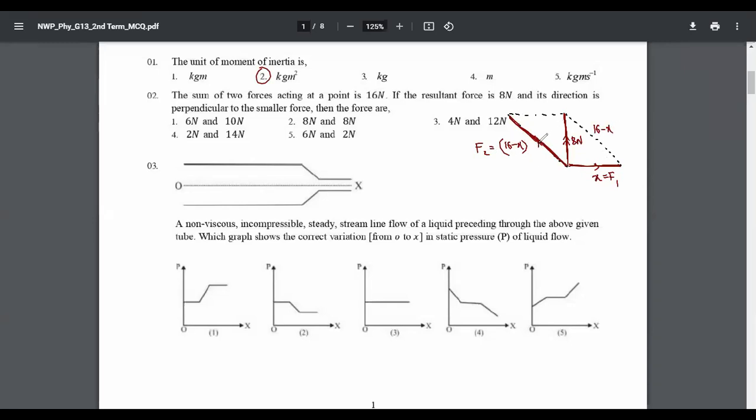Completing the parallelogram. This is it. Two forces acting, and their resultant. Right. Now, when you have 8 here, perpendicular here, then what is the answer? When you look at this, it should be first one. Now, why do I say first one? Because according to Pythagoras theorem, we know we can think of this, right? 6, 8, 10.